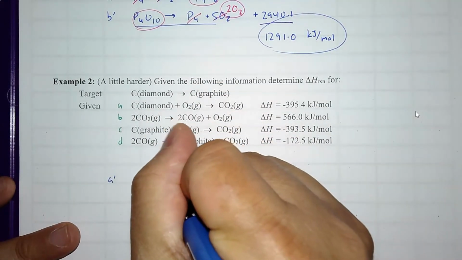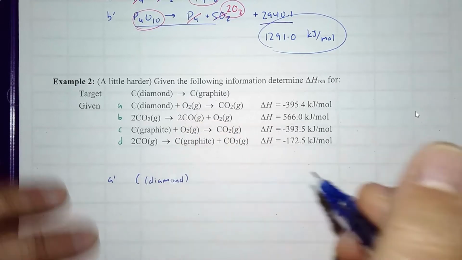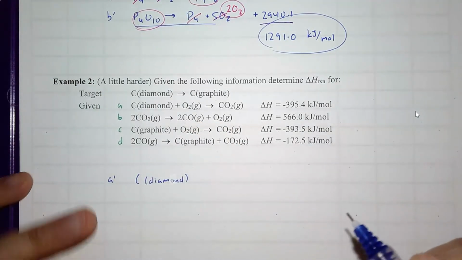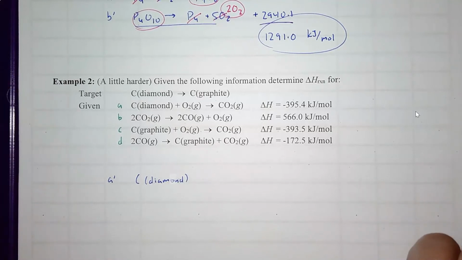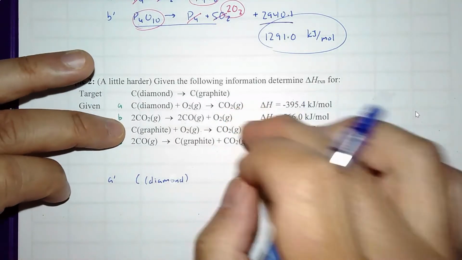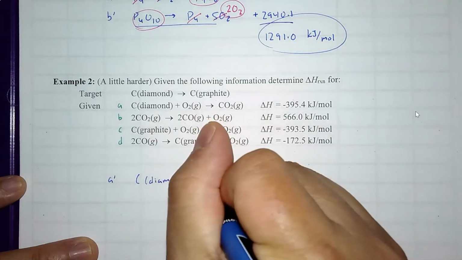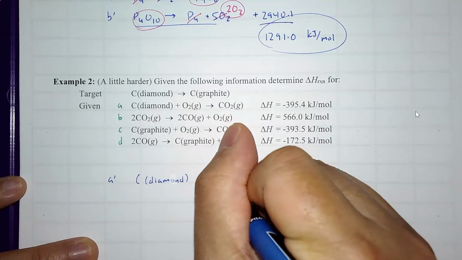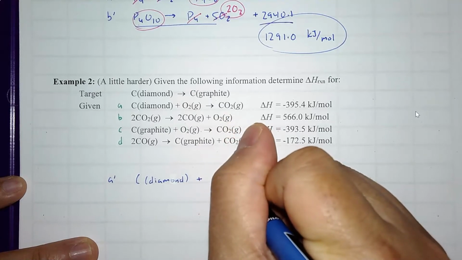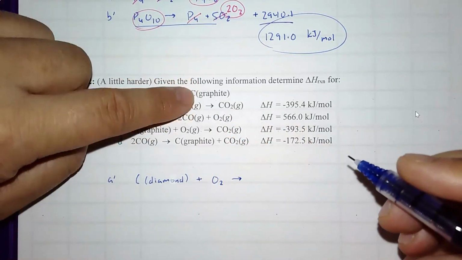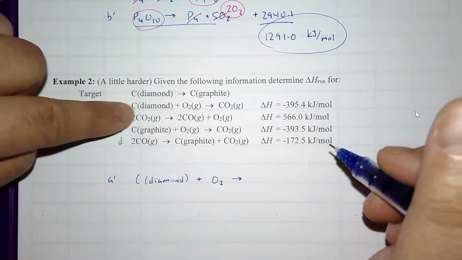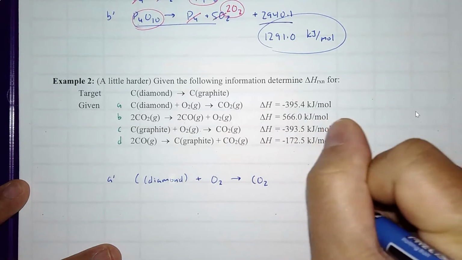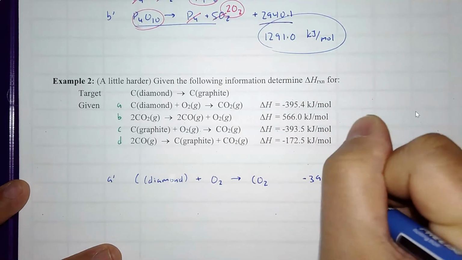So why do we have so many, 4 individual steps? Okay. Eventually, all of these other compounds have to cancel out. But let me take care of this first reaction, A. Again, I am not worried about the states because they don't actually change for any individual compound. And my delta H is 395.4.